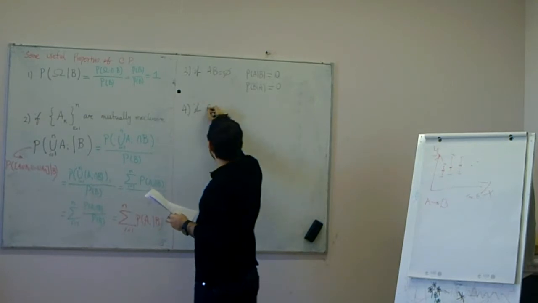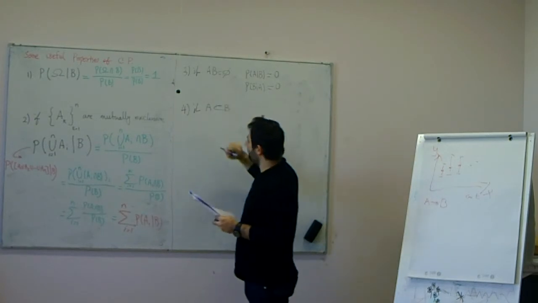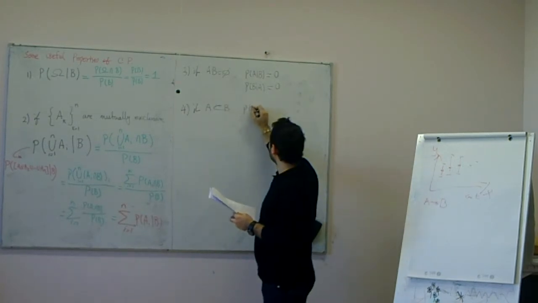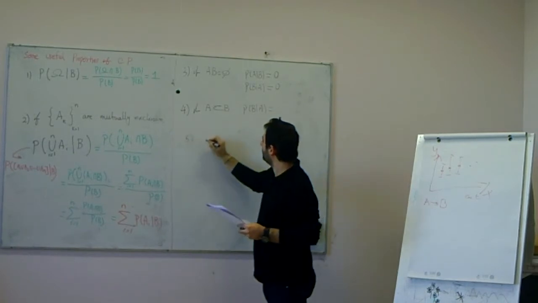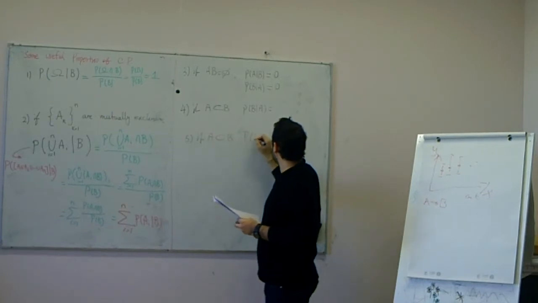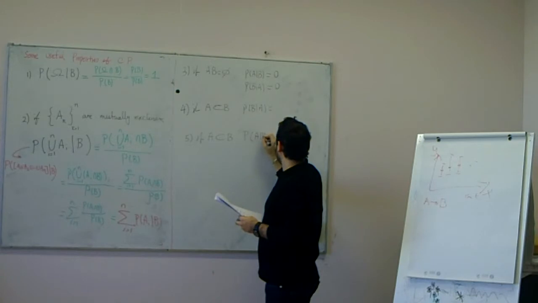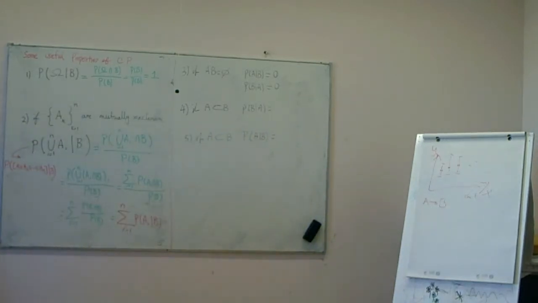If A is a subset of B, what is the probability of B given A?